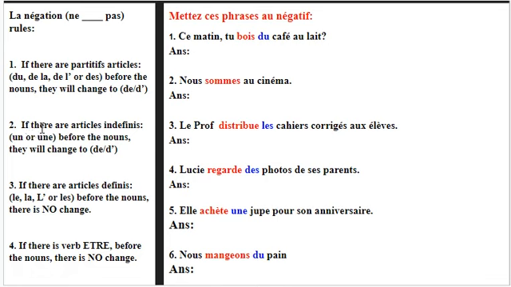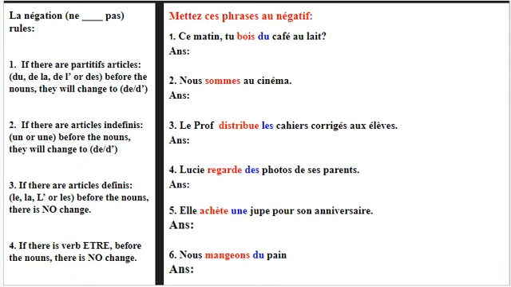Rule number two, if there are indefinite articles un, une, or des before the noun, again the change will be de or d'apostrophe. Rule number three is if there are definite articles like le, la, l'apostrophe or les before the noun in a sentence, there is no change.